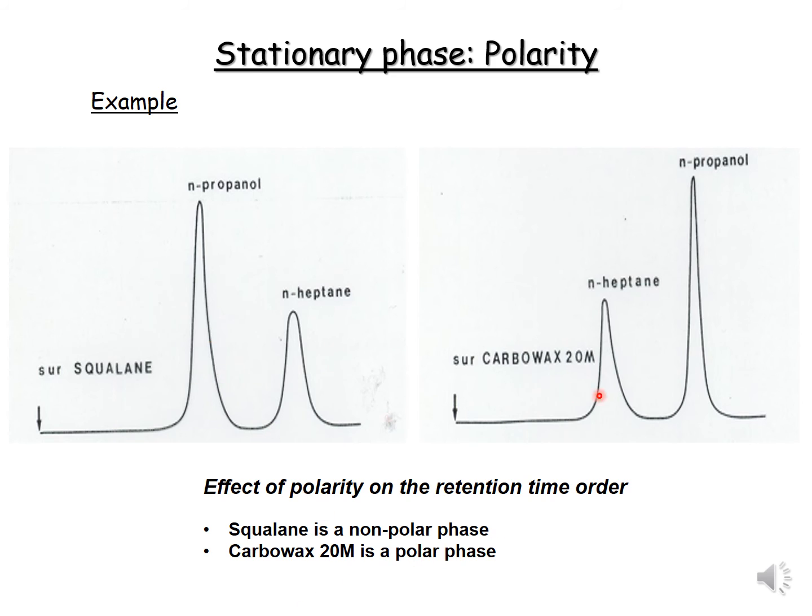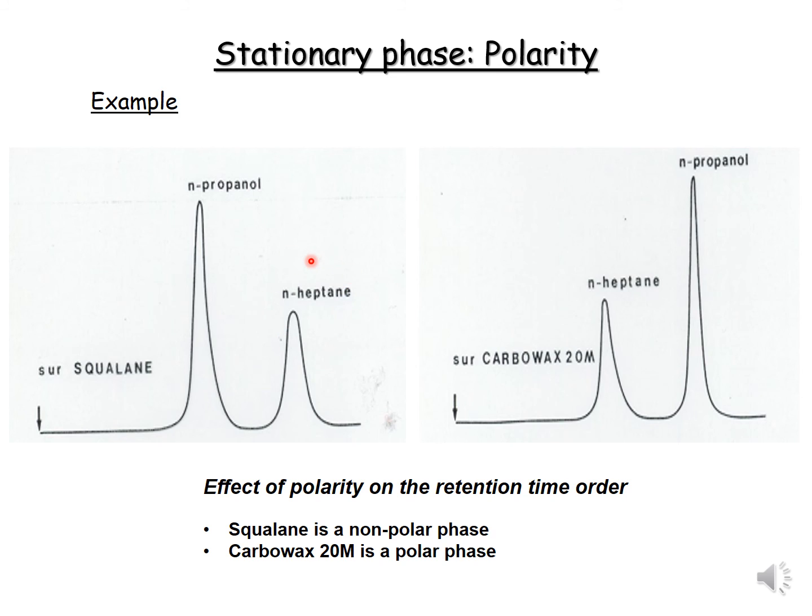You have the separation between the N-heptane and the N-propanol on these two examples. When I look only at the squalane results, I see that we have first the N-propanol and second the N-heptane. It means that I have to look at the polarity of my two compounds. The N-heptane is, of course, very non-polar compared to the N-propanol, which is polar with an alcohol group, so a heteroatom, which is oxygen.